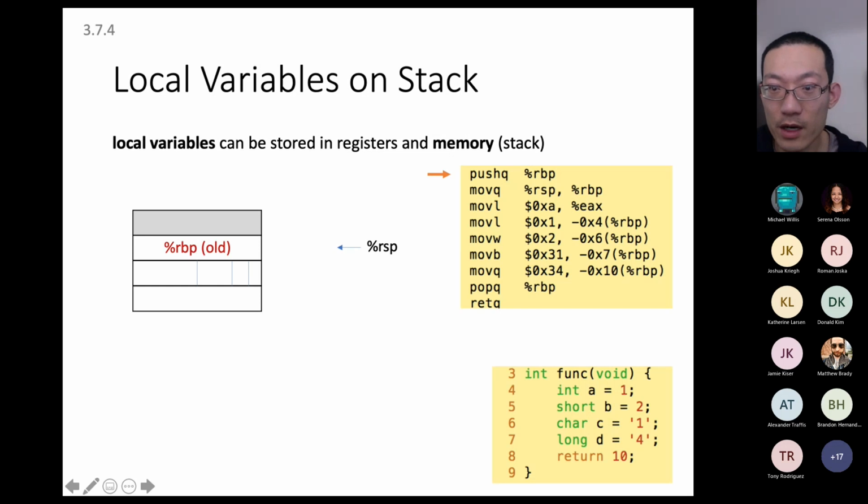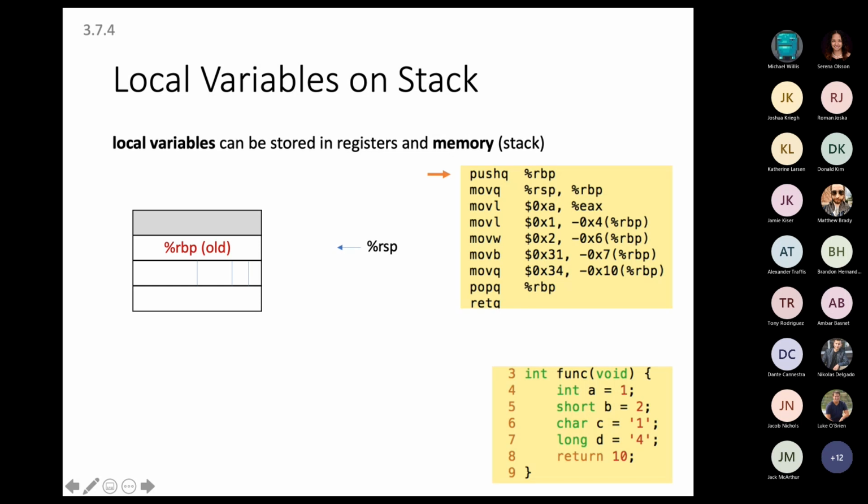So if you look at the RBP, this place, we just want to preserve the RBP of the caller. And here you see we pop RBP. This is to restore the original value. In between, we would use RBP to be the callee's RBP.